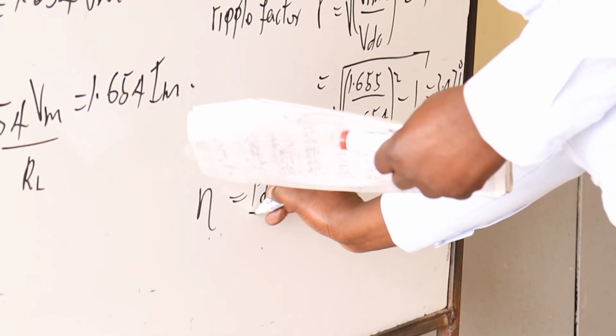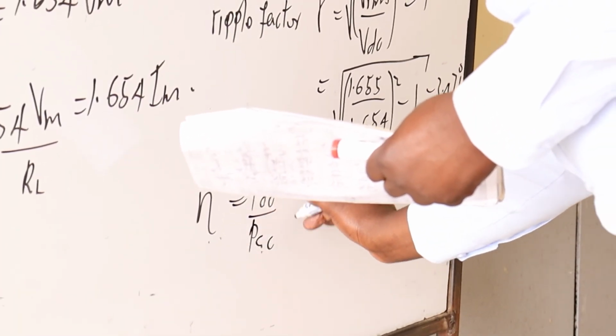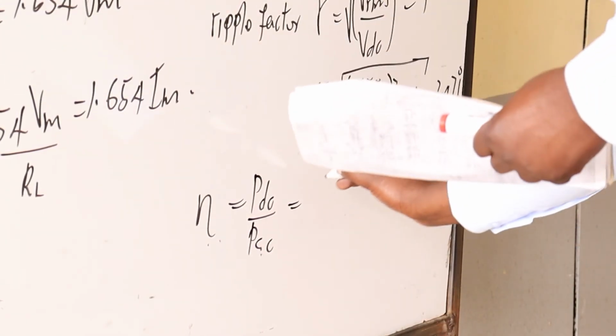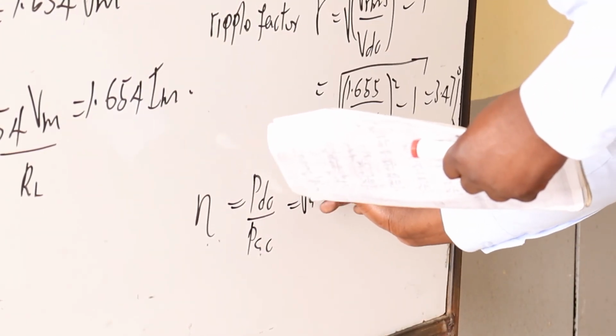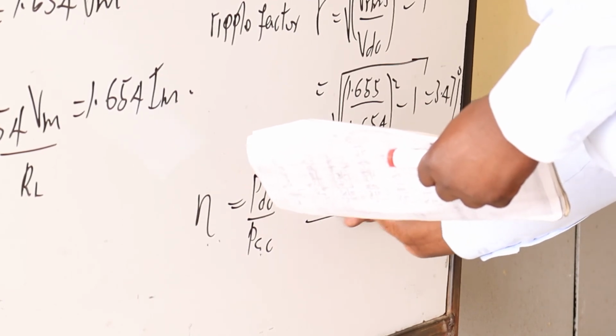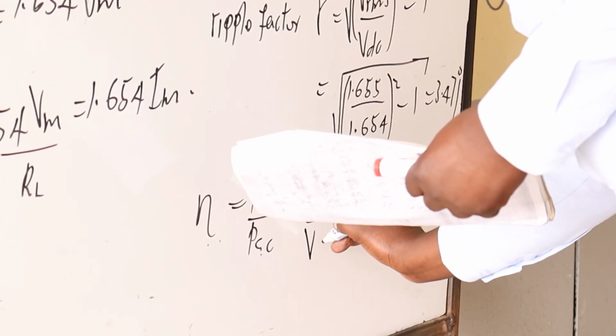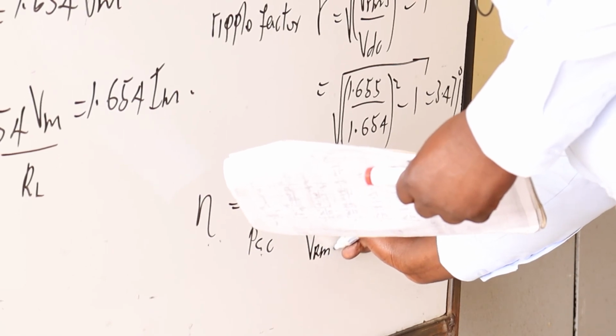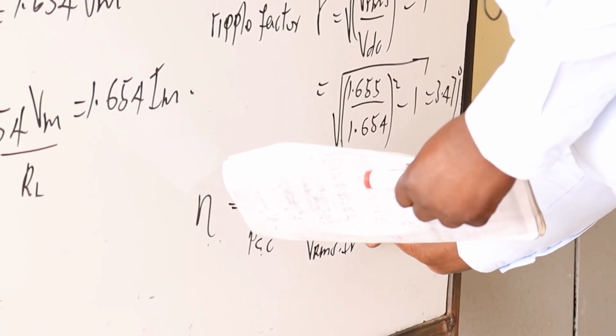Maybe the efficiency, PDC over PAC. PDC is VDC times IDC all over PAC, which is VRMS times IRMS.